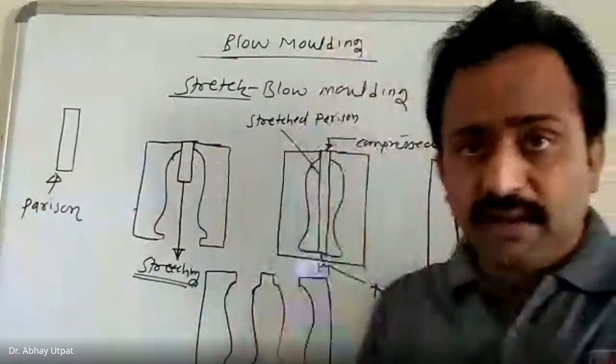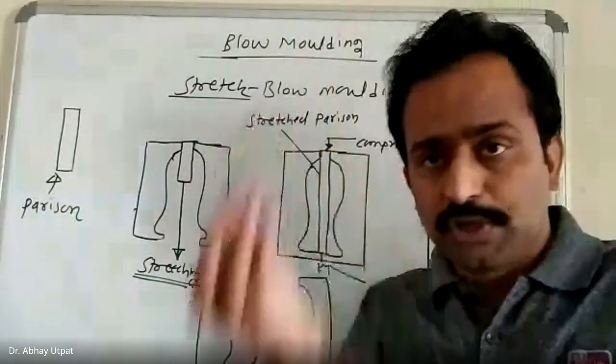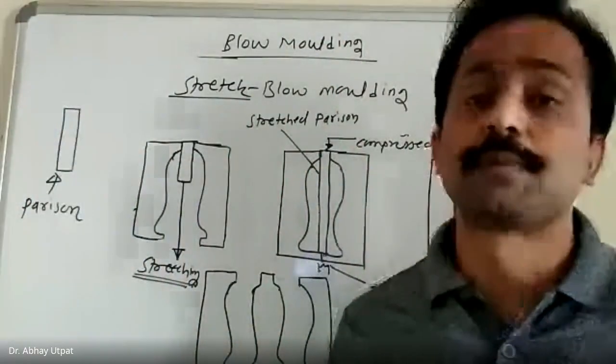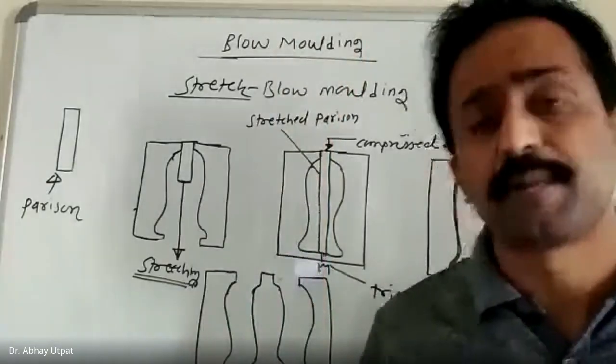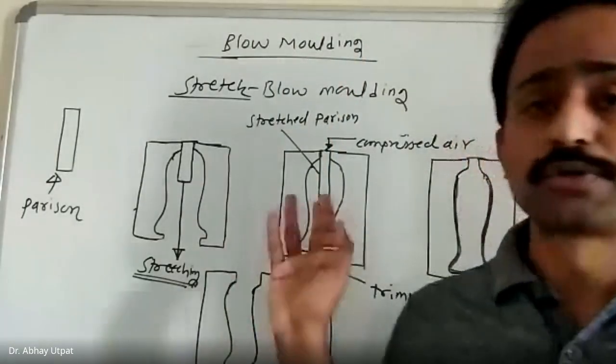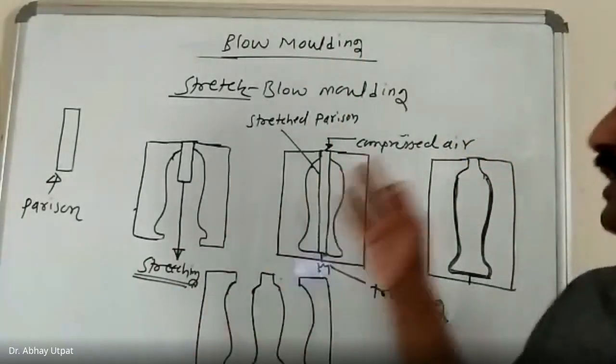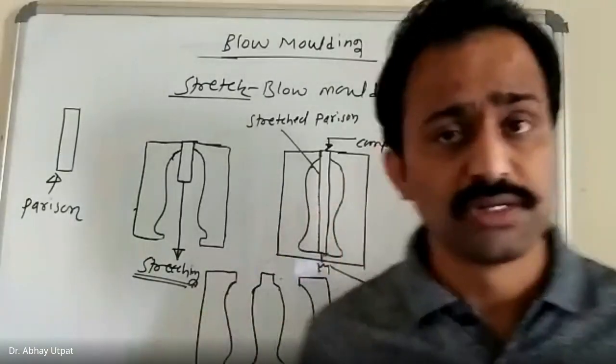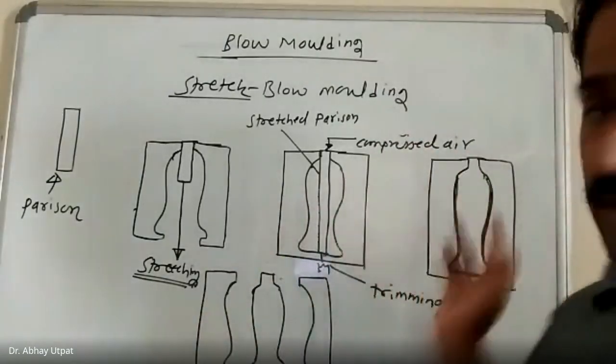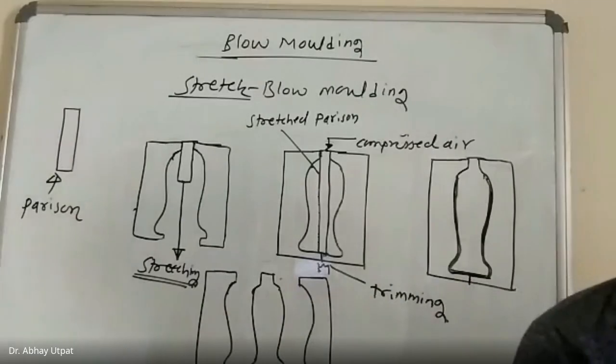In longitudinal as well as lateral direction, there will be swelling. There will be extension of the molecules. It gives good molecular orientation. Hence, stretch blow molding parts have good strength. And then you can produce the product of desired shape by stretching of the component.